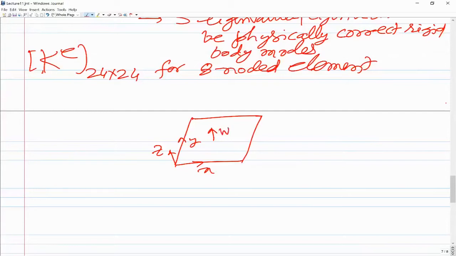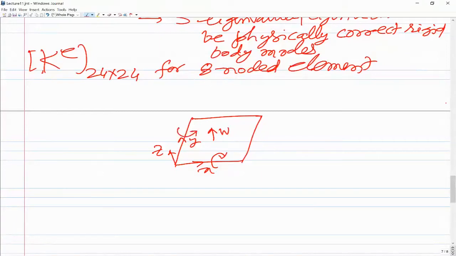Similarly, it can have rotation about the x axis. The plate rotates about the x axis as a whole without any deformation, so that will also have zero eigenvalue. Similarly, the plate can rotate rigidly about the y axis, with no deformation of the plate, only rigid body rotation, so the eigenvalue would be zero.